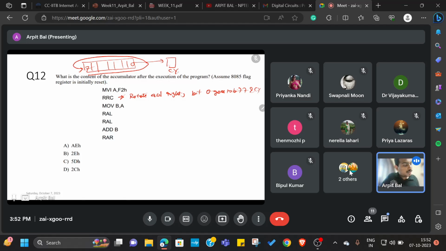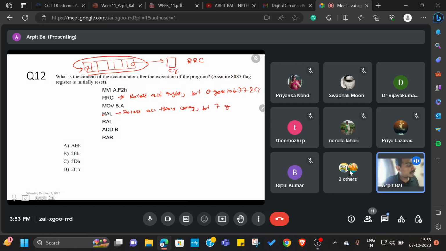Next instruction we have RAL. In the RAL instruction, rotate accumulator through carry. Let me call it RRC through carry.